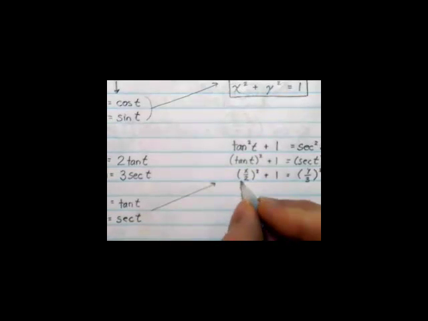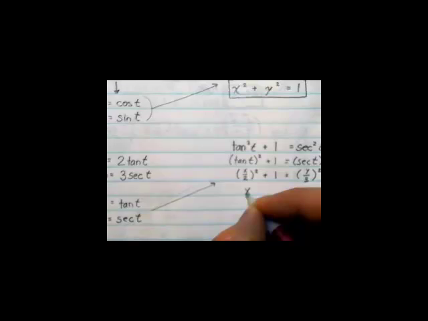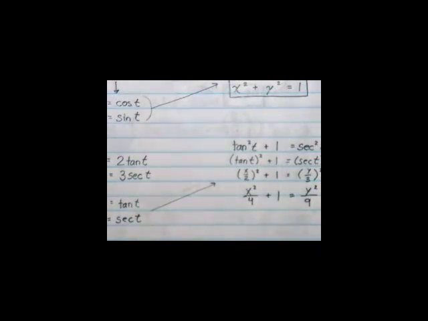So if I actually multiply these out, because I got to square them, this is actually x squared over 4 plus 1 equals y squared over 9. So I've got a 4 and a 9 in my denominators there that I want to get rid of. What could I multiply the entire equation by to eliminate all of those fractions all at the same time?